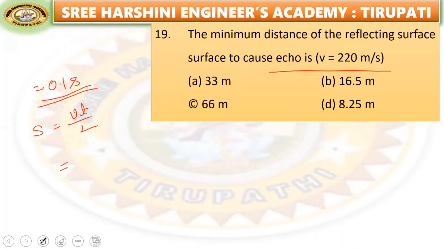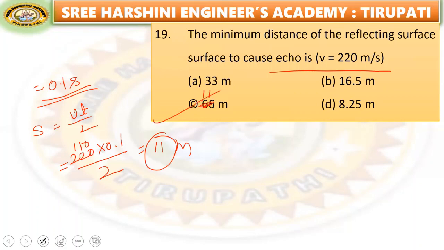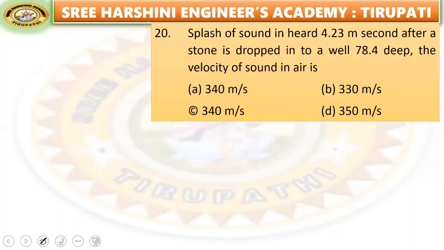V is given as 220, so 220 into 0.1 divided by 2. It becomes 22 by 2, that is 11. So 11 meters, option C is the right answer.